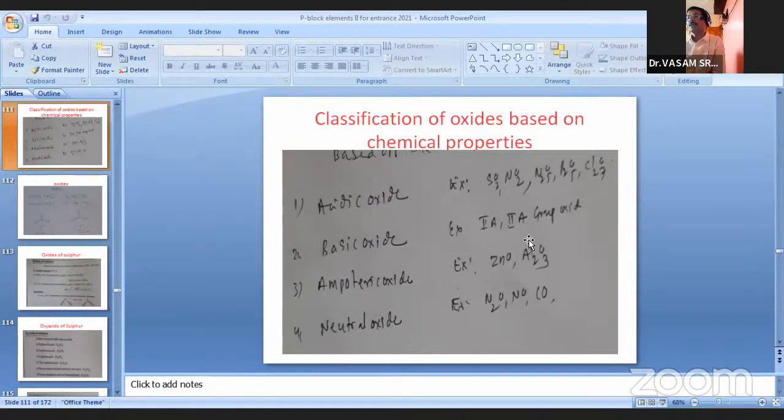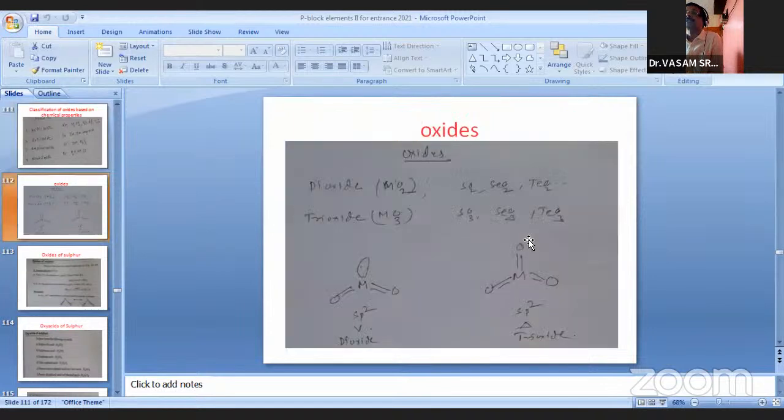So these 3 are the best examples for neutral oxides. Their pH value is 7. According to these two classifications, we discussed 10 types of oxide. The first classification gives 6 types, and from the second classification we got 4 oxides, 6 plus 4, 10 oxides.